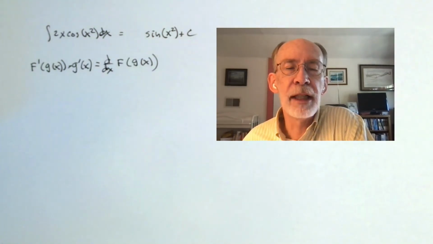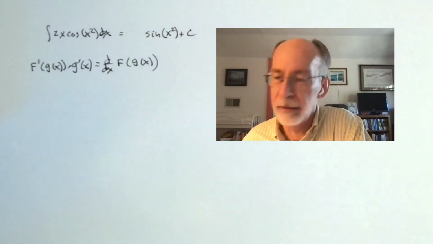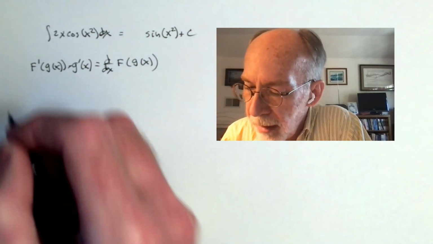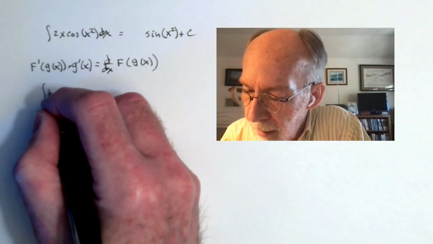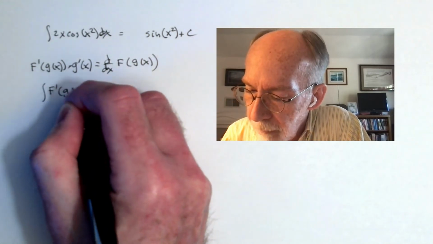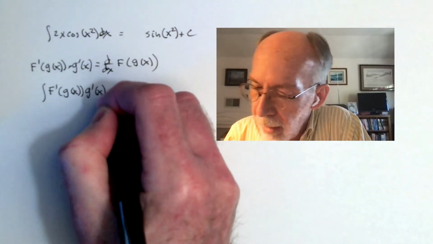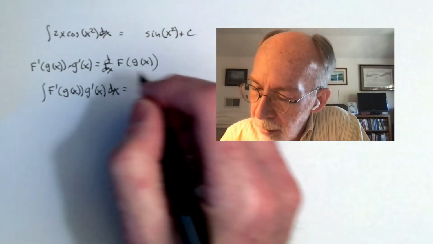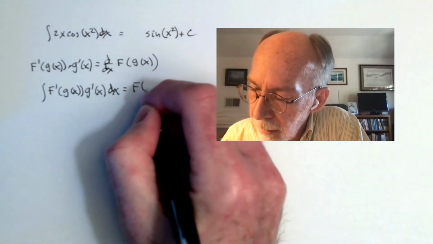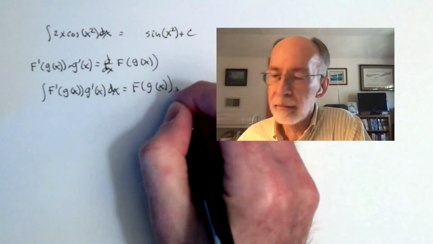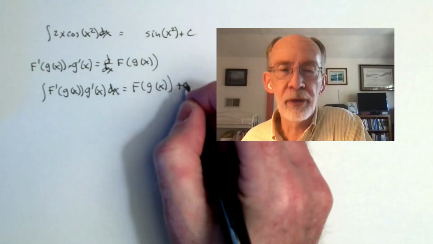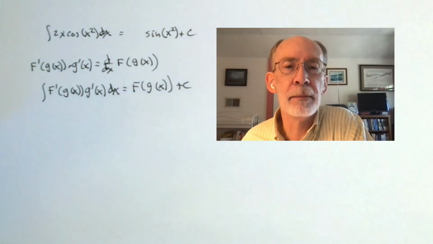If two functions are equal, their antiderivatives differ by a constant. So I should be able to say that the integral of big F prime of g of x, g prime of x dx is big F of g of x plus a constant. I could put the constant on either side. It seems more convenient over here.